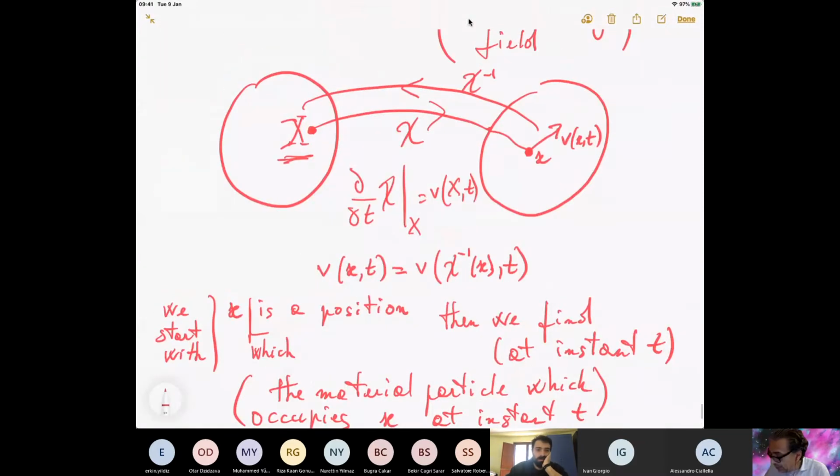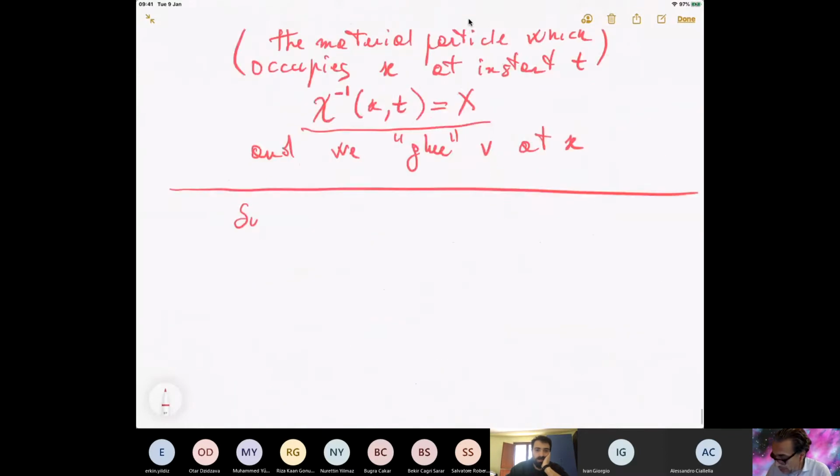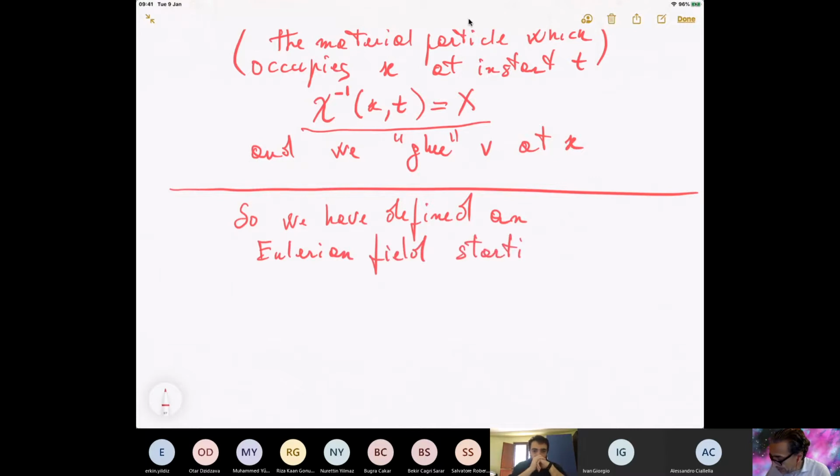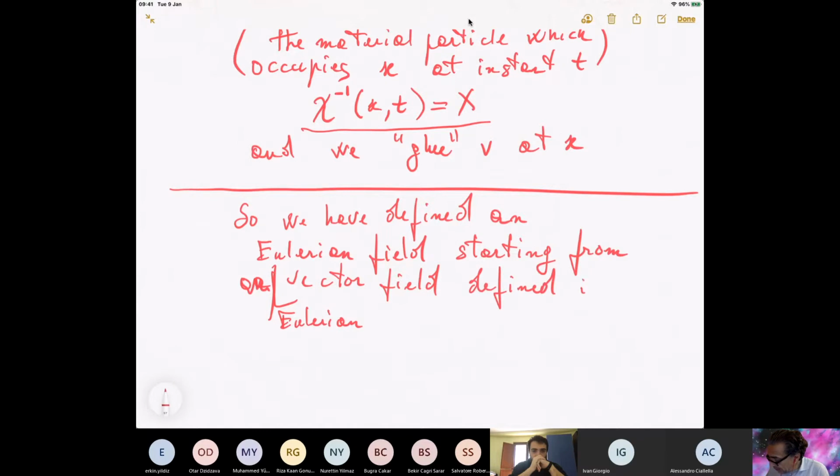So we have defined an Eulerian field starting from a vector field, an Eulerian vector field, defined in C star via kappa minus 1.